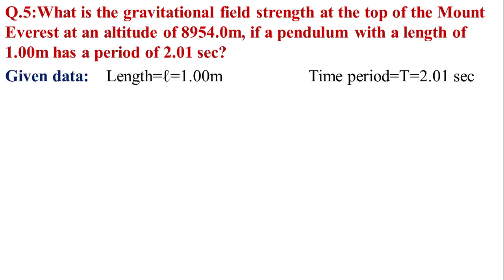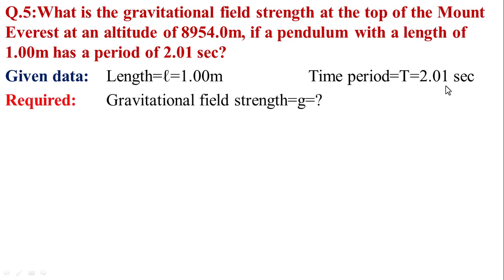First of all, write the given data. Length L is equal to 1 meter and time period T is equal to 2.01 seconds. Now required: the gravitational field strength, which is equal to g.